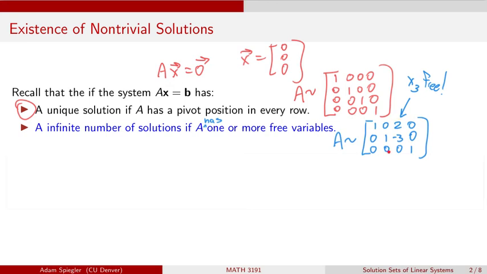The size of these matrices I'm just making arbitrary. In this case, for example, we would be working with a system of 3 equations and 4 unknowns, and that's why we have a 3x4 matrix. But this is true no matter what the size of matrix A is. And it's important to note that here A is denoting the coefficient matrix, so we are not including a column for b for the augmented matrix.